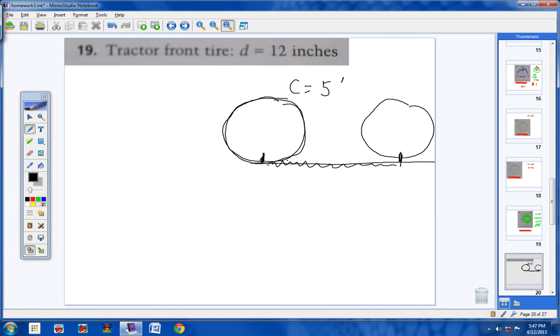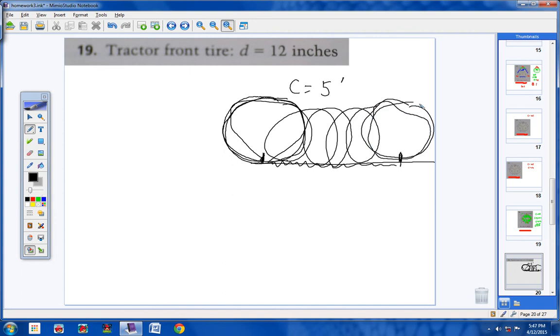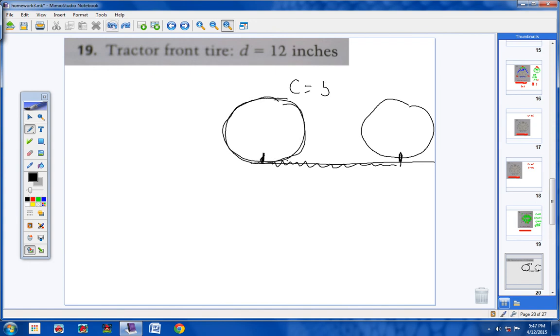When I roll this circle and it lands right here, the distance that's been covered by its rolling is going to be the same as the circumference. So if the circumference is 5, the distance traveled is 5. You need to understand that, okay?